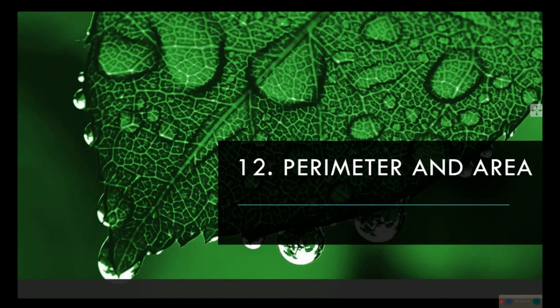Area is always about how much two-dimensional space is covered, either length or breadth. For example, how much the table surface is, how much surface you are getting for writing on a table.